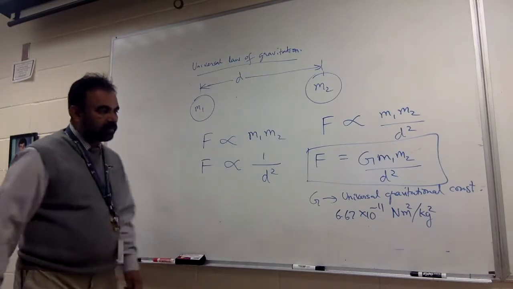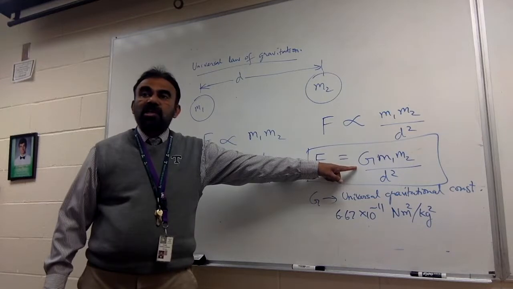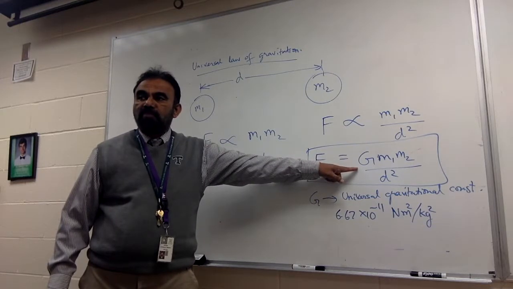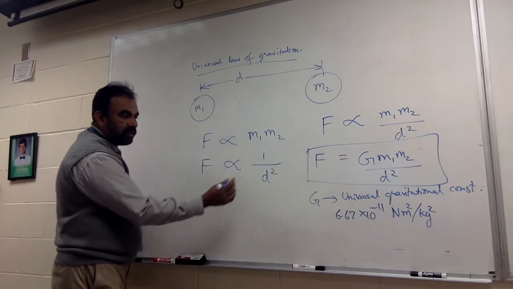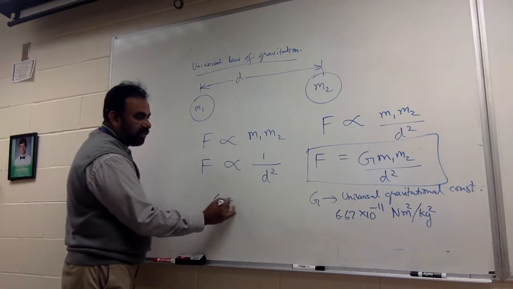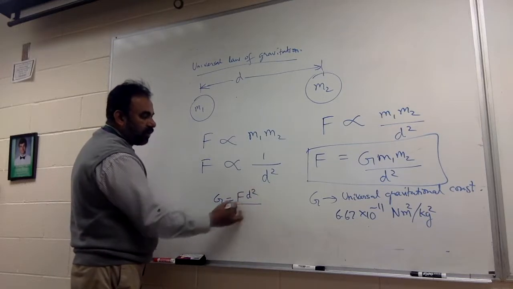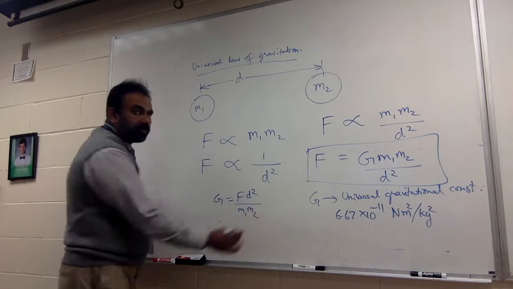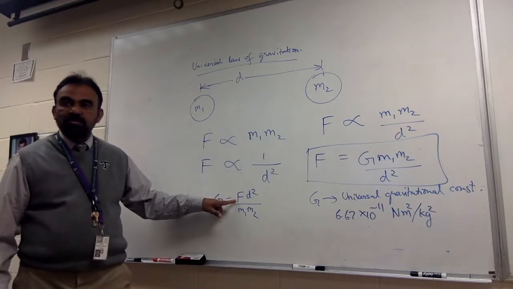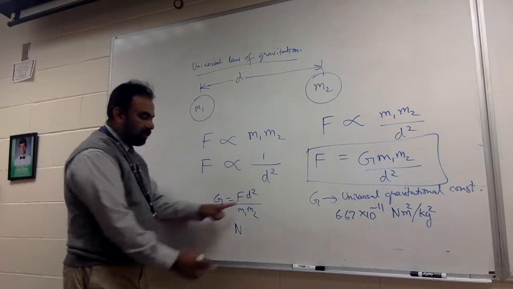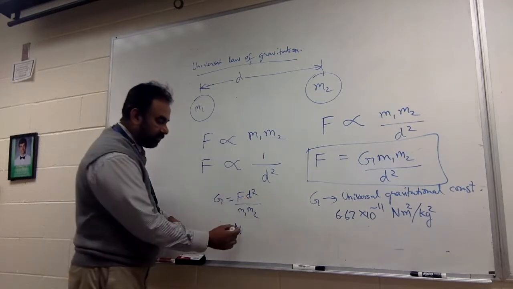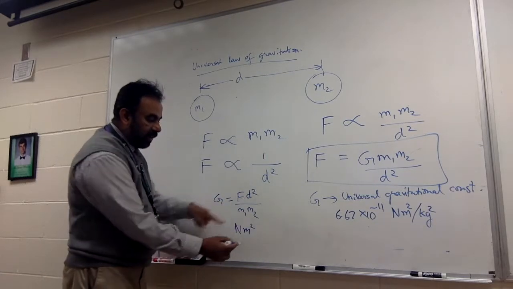G is the universal gravitational constant. If you pull G out of that equation, if you make G the subject of that equation, you can see what G is. G is equal to F d squared over m1 m2, right? What's the unit of force? Newtons. What's the unit of distance squared? And divided by?